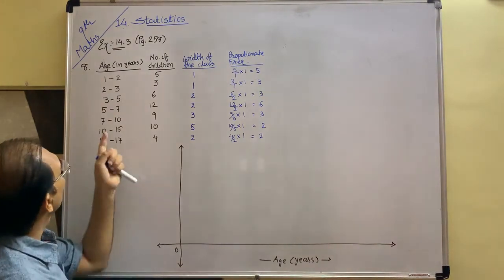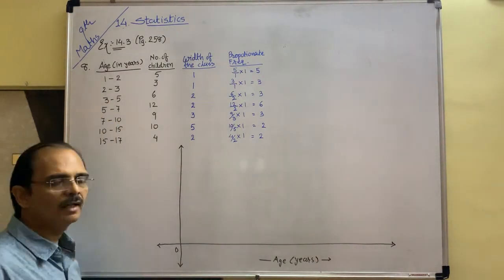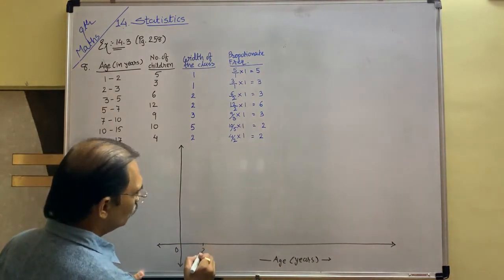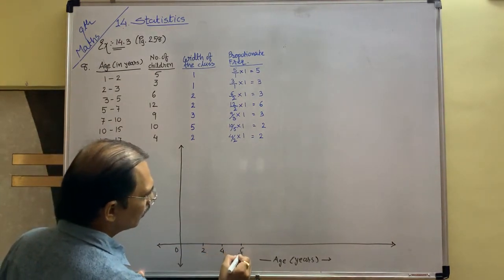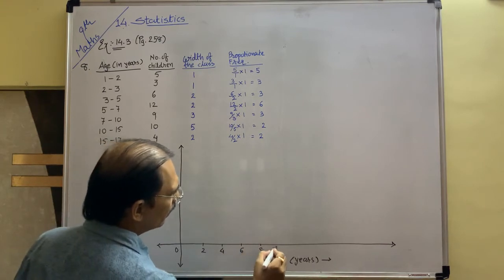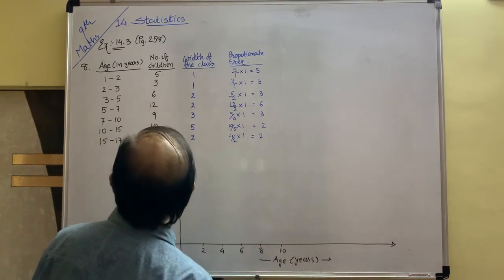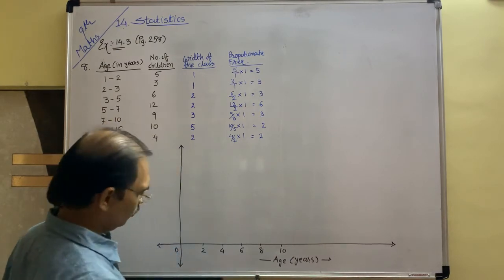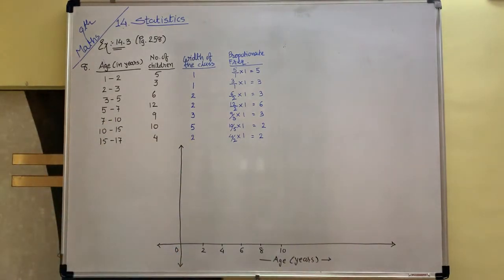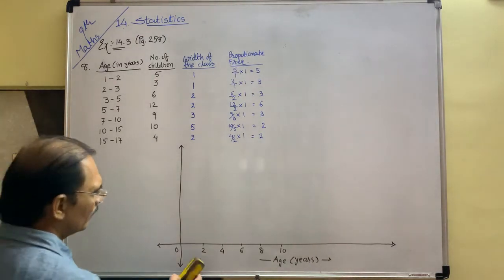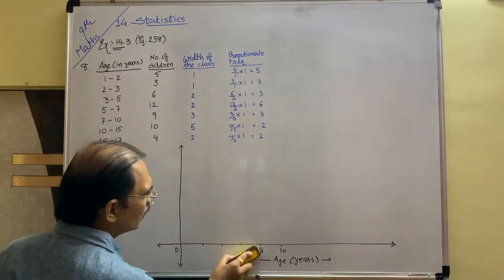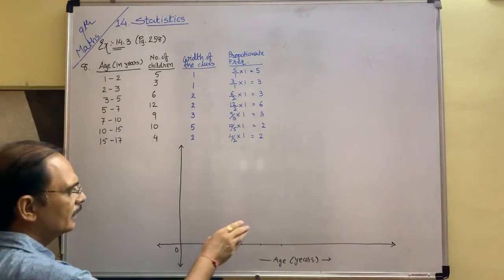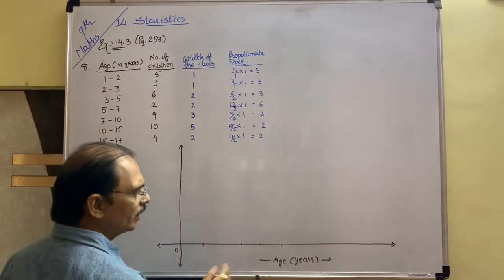That is, I want to start with 1 and reach 17. So I should draw 2, 4, 6, 8, 10. Here I think odd numbers are more. If your graph paper is big and if 17 lines are there, then you can write 1, 2, 3, 4, 5, 6 up to 17.